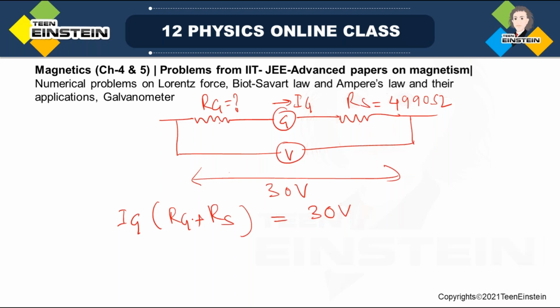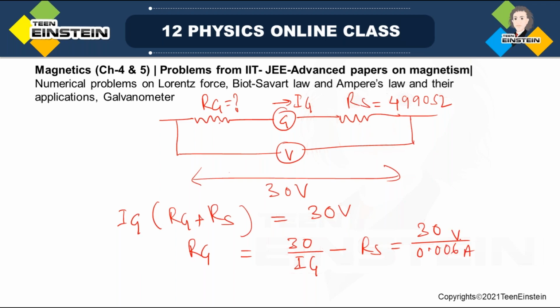Now IG is known, RS is known, RG is easy to find out now. RG is 30 divided by IG minus RS. Now look, this is 30 volt divided by IG, 0.006 ampere.